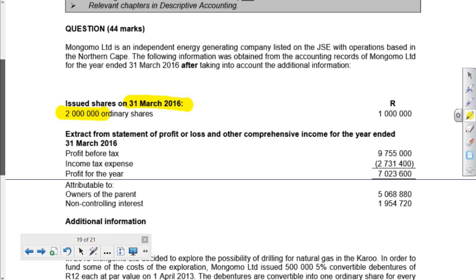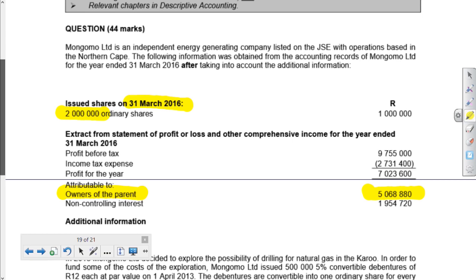Then I have an extract from the P&L, and I know that from my P&L, this is the number that I like: profit attributable to owners of the parent. You can start with this profit if you want, and then take that one off to get to that.